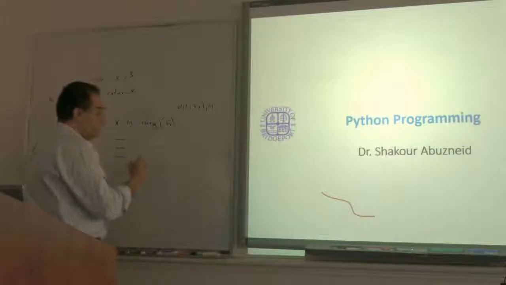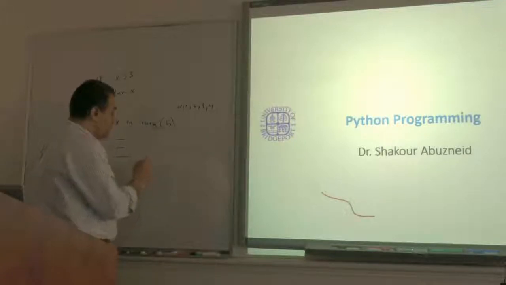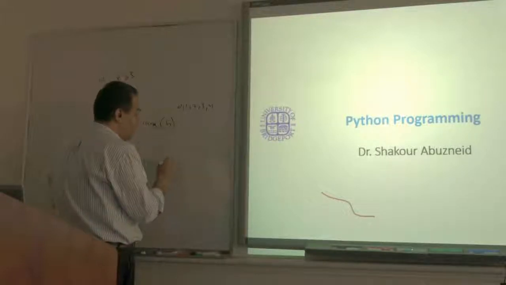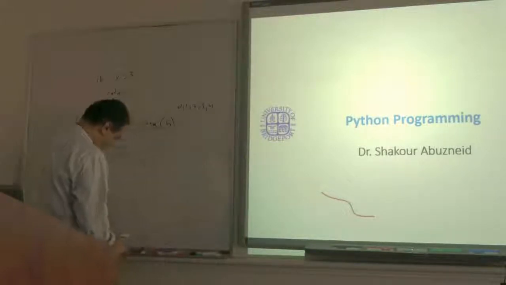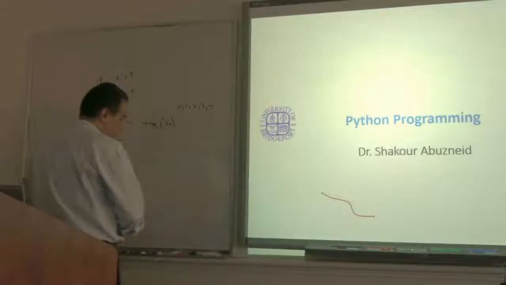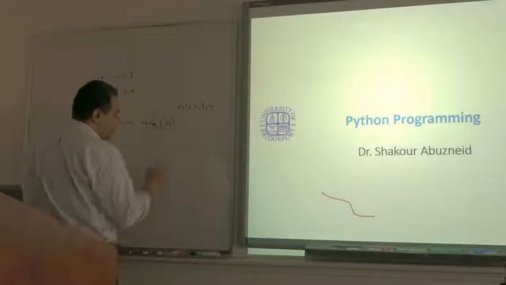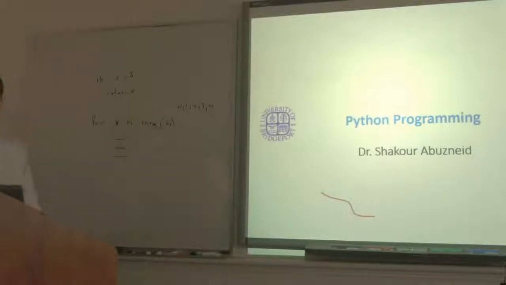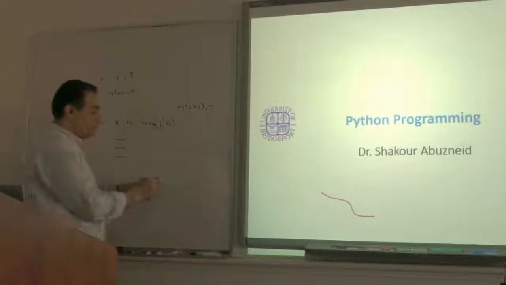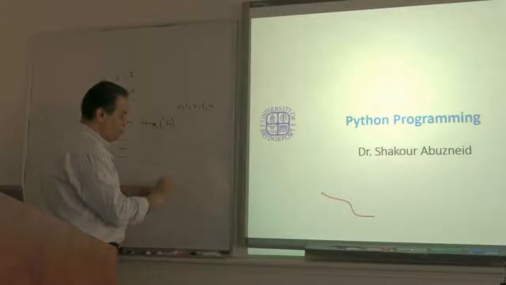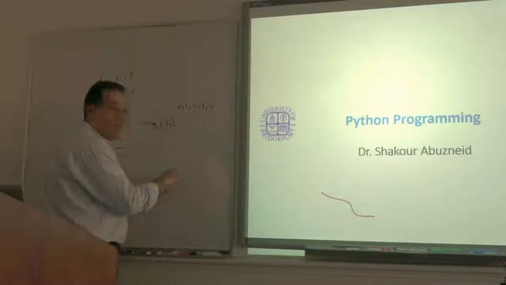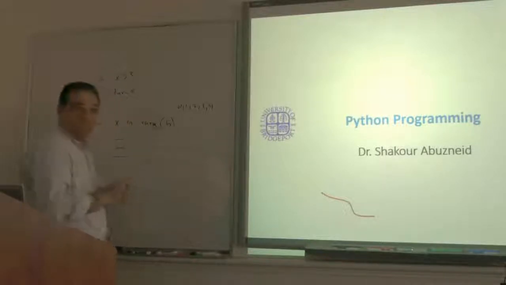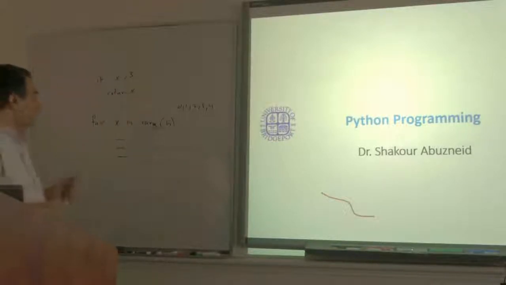So if I say range 0, 5, 2, what are the values in here? It starts from 0, step 2, then 4, but the end is not inclusive. So it's very important to know.